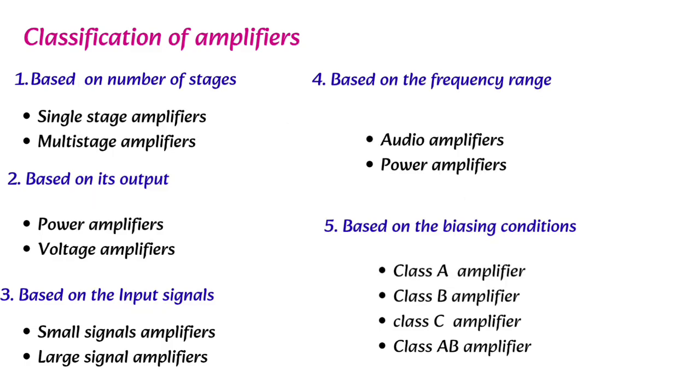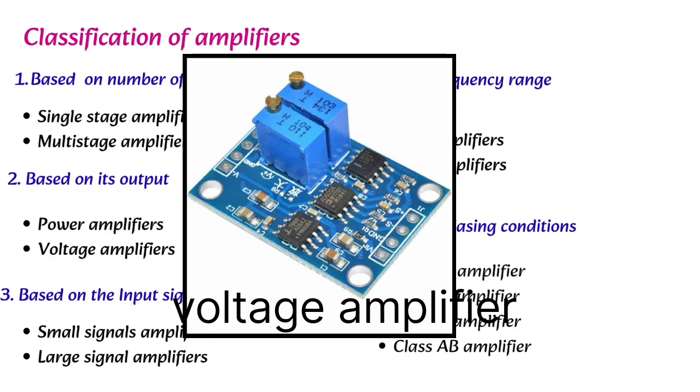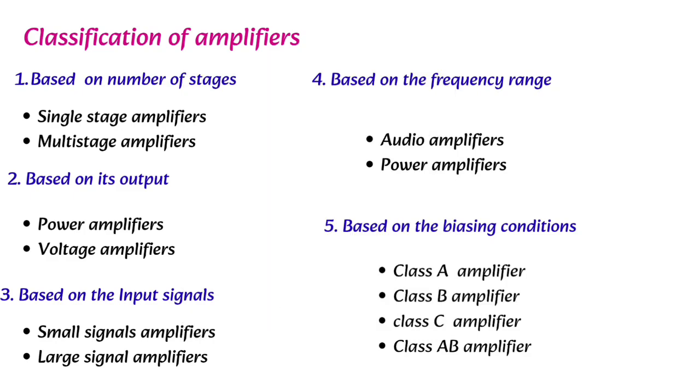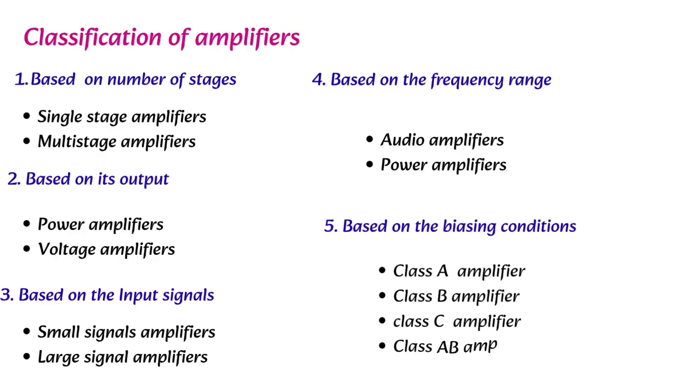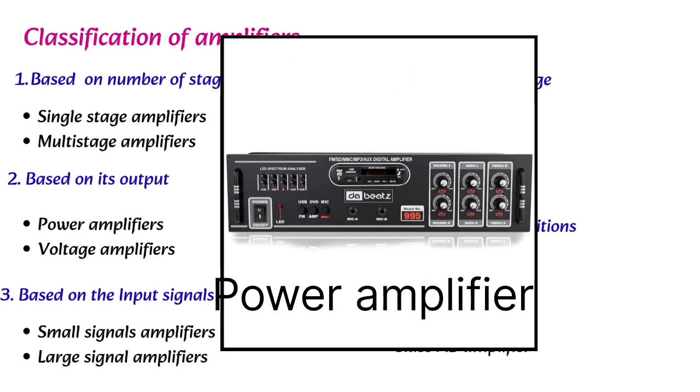The second parameter is based upon its output. There are two types, voltage amplifiers and power amplifiers. A voltage amplifier is an amplifier circuit that increases the voltage level of the input signal. Power amplifiers are the amplifiers used to increase the power level of the input signal.